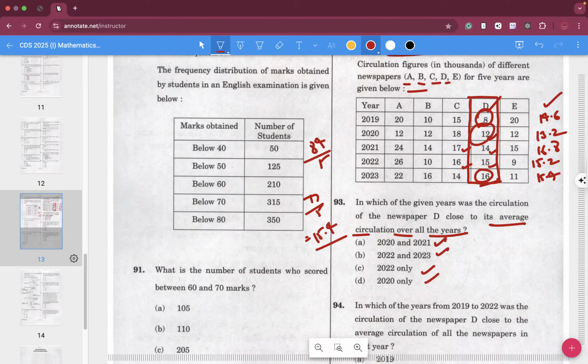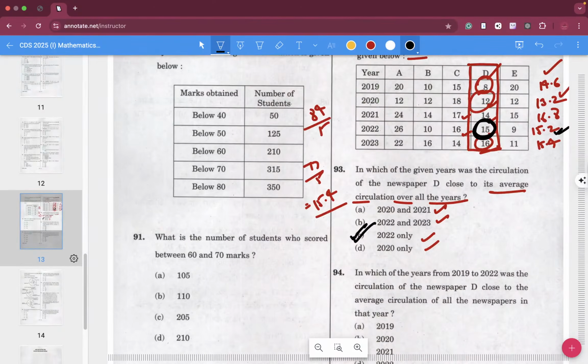D was 12, average was 13.2. It was below average. Only in one case, in 2022, the D circulation was 15, but the average was 15.2. We can say that these two numbers were closer. So for question number 93 we'll go ahead with C as the answer.